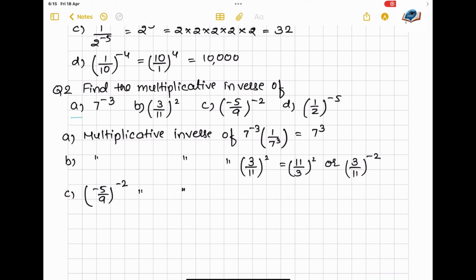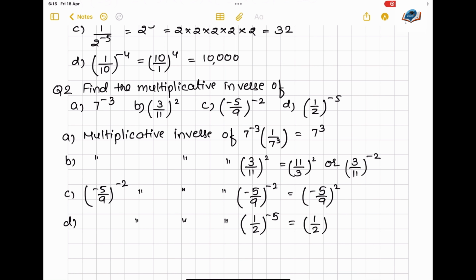So the multiplicative inverse of minus 5 upon 9 whole raised to minus 2 will be minus 5 upon 9 whole square. Then D, the multiplicative inverse of 1 by 2 whole raised to minus 5 will be 1 by 2 whole raised to 5.